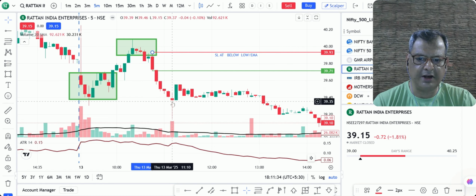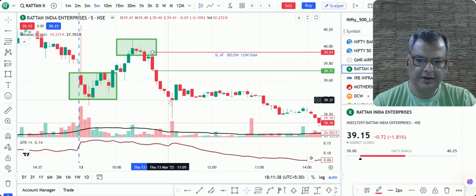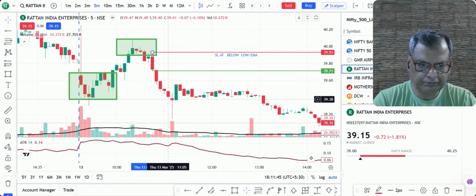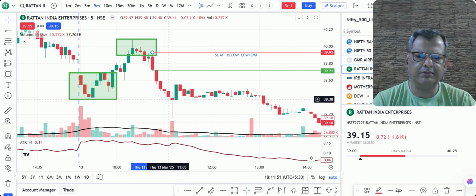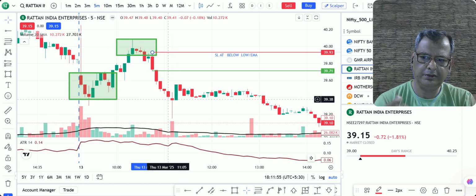Although prices travel down here, my entry is at 39.71 and it has closed at 39.38. So I've already made 32, 33 paisa. Almost around 1% I've already made by this time. 1%, and that too not in FNO, just intraday. 1% I've made, irrespective of your position size.